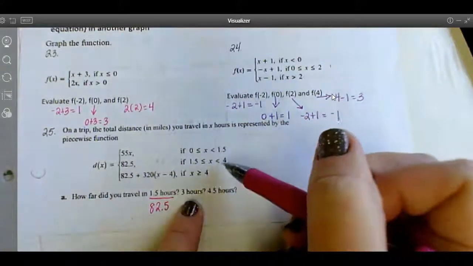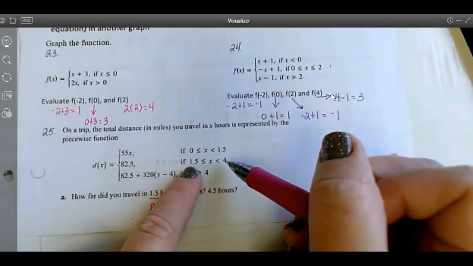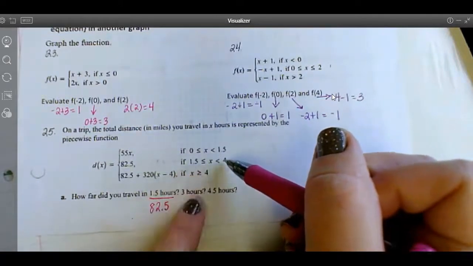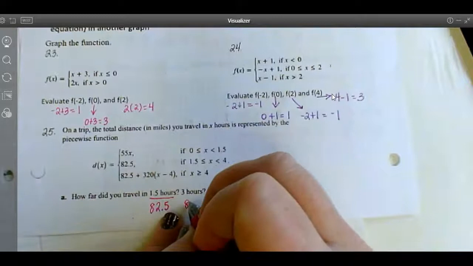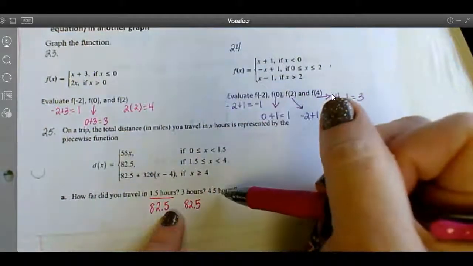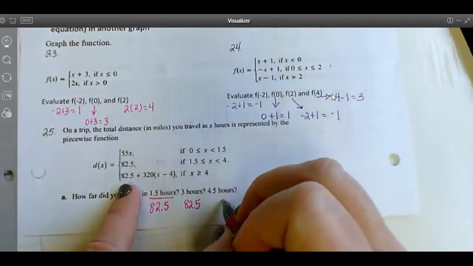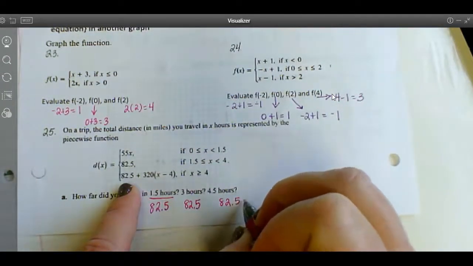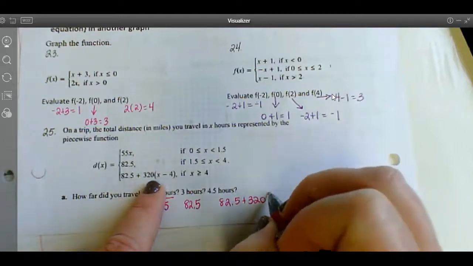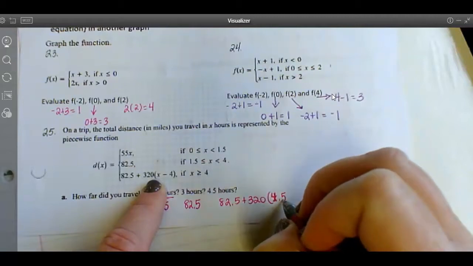For 3 hours, 3 is still in that range because this means between 1.5 and 4. So 3 is still in that range, and that would be 82.5. 4.5 hours is greater than 4, so 4.5 would go here. So that would be 82.5 plus 320 times, instead of X, we're going to put that 4.5 there.